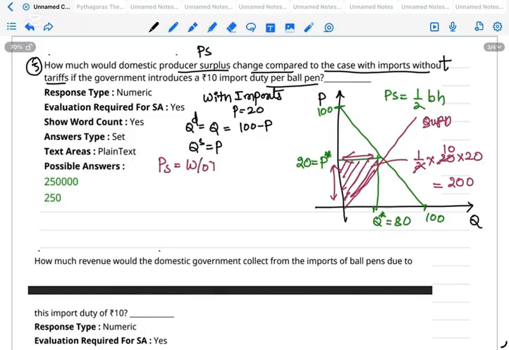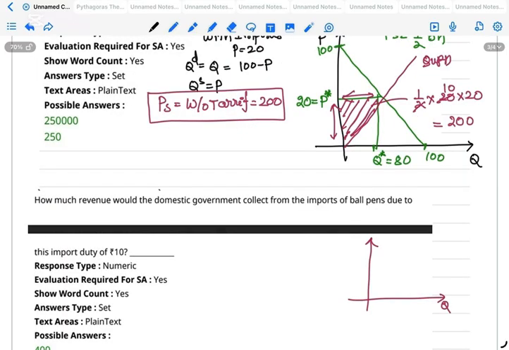So the producer surplus without tariff equals 200. On the demand function, this value is 100.